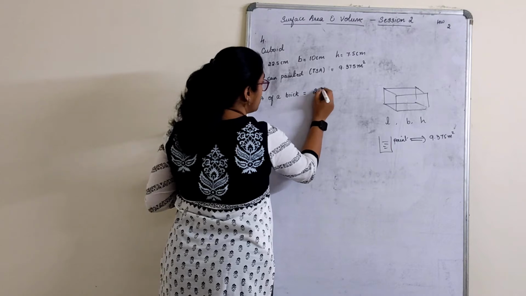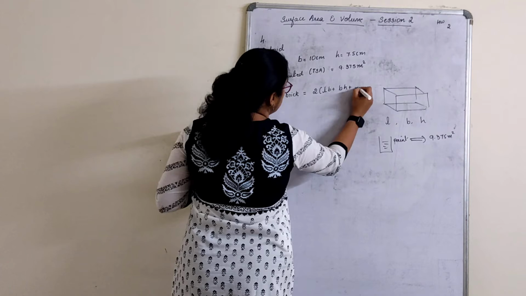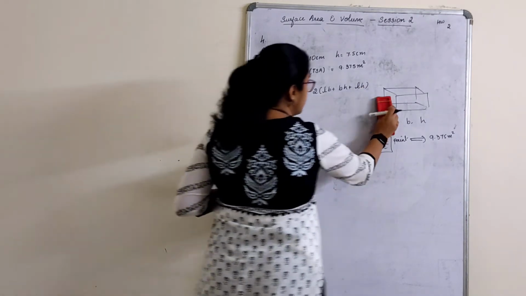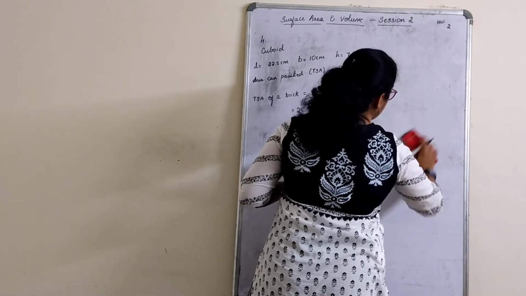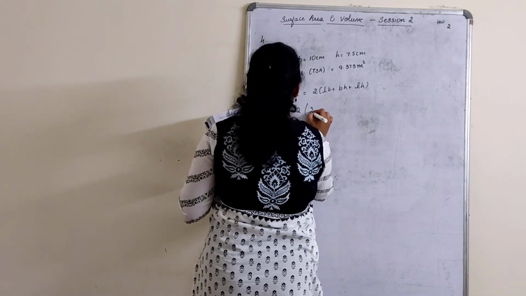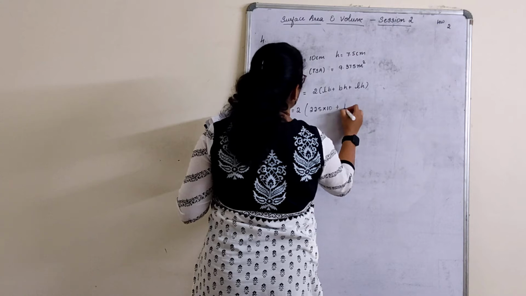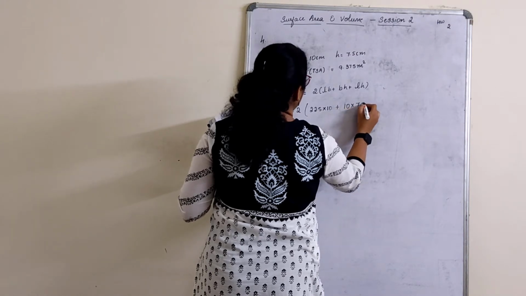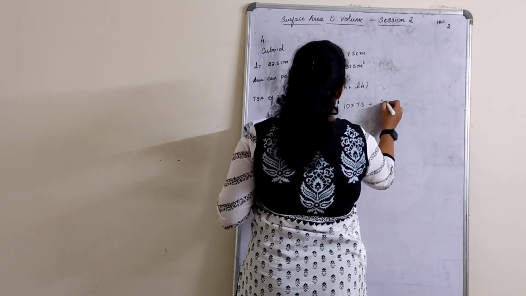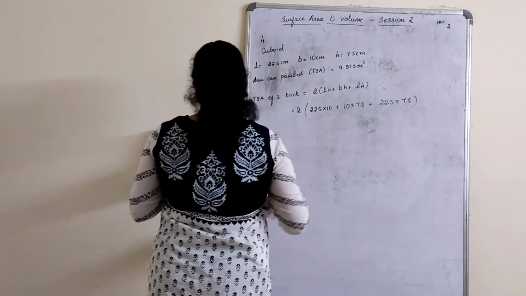TSA of a brick is equal to 2 times of length into breadth plus breadth into height plus length into height. That is 2 times of 22.5 into 10 plus 10 into 7.5 plus next is 22.5 into 7.5. Okay.